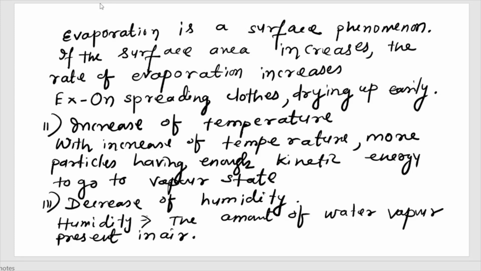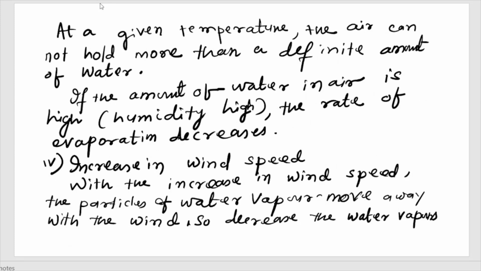Decrease of humidity. What is meant by humidity? Humidity means the amount of water vapor present in air. If water vapor is more, then humidity is more, and the clothes cannot be dried easily. At a given temperature, the air cannot hold more than a definite amount of water. Humidity does not mean the air contains full water molecules; it means there is a definite amount of water it can hold.